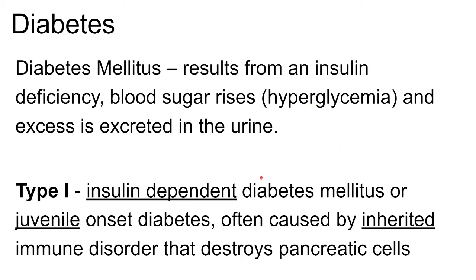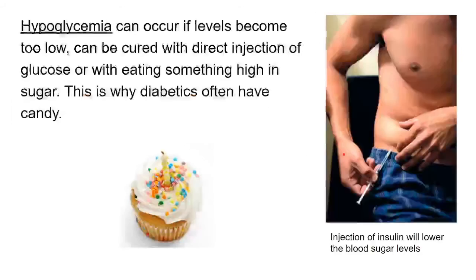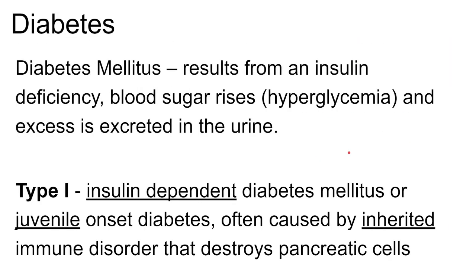There are two types of full-on diabetes. Type 1 is known as juvenile diabetes or insulin-dependent diabetes mellitus, just commonly called type 1 or type 2, so type 1 juvenile diabetes.